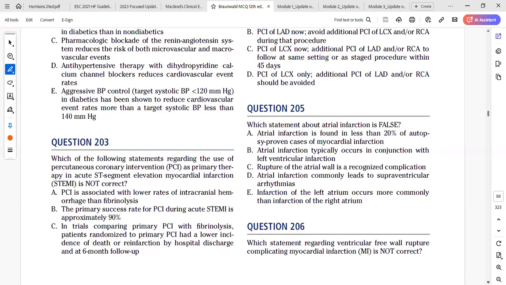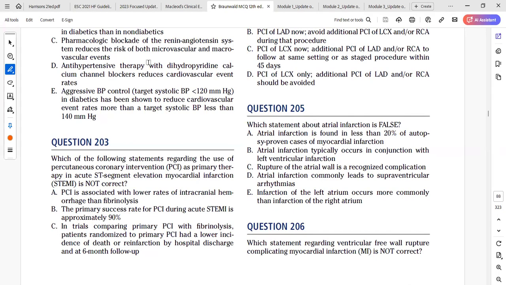Which of the following statements regarding the use of percutaneous coronary intervention as primary therapy in acute ST segment elevation myocardial infarction is not correct? So they're looking for the false answer in this. A, PCI is associated with lower rates of intracranial hemorrhage than fibrinolysis.